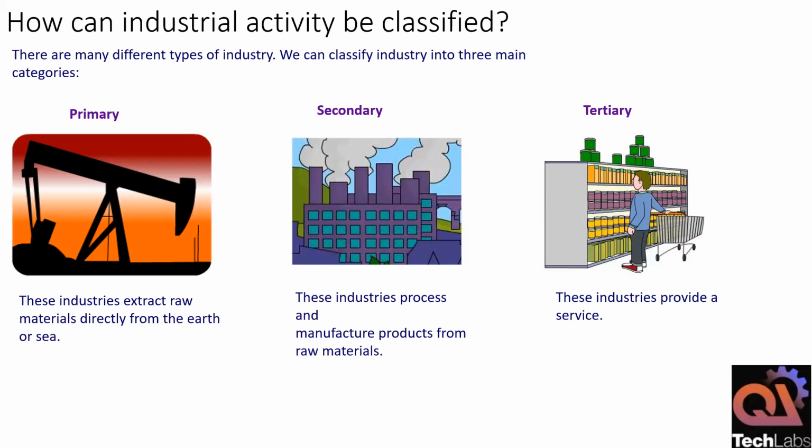IT enabled service means, suppose you take an online banking system in ICICI Bank, the activities that happen because of software can be considered as IT enabled service. Another way of looking at it is call center, BPO, business process outsourcing, medical transcription. All these are IT enabled service. That means using IT technologies, they support the main business.